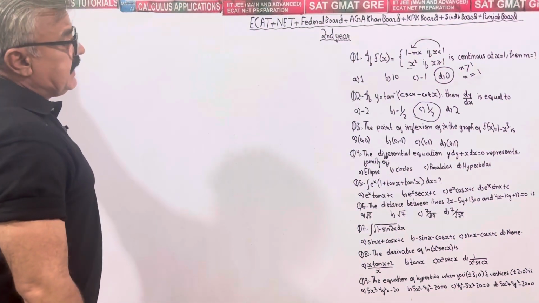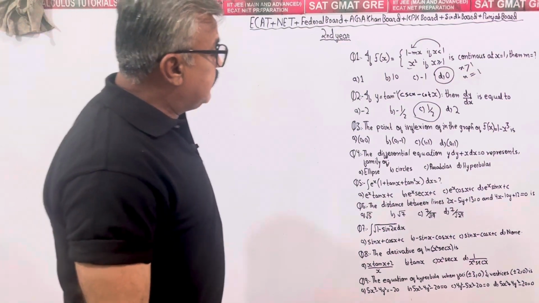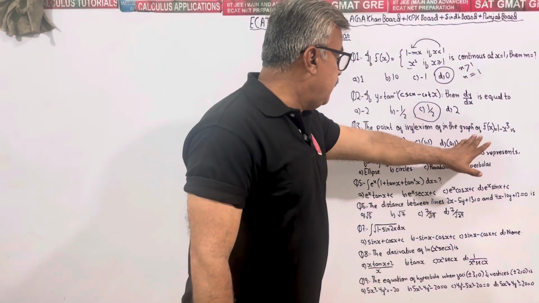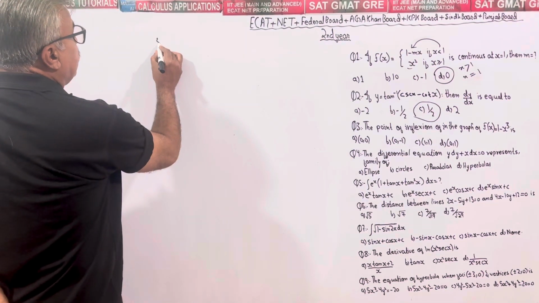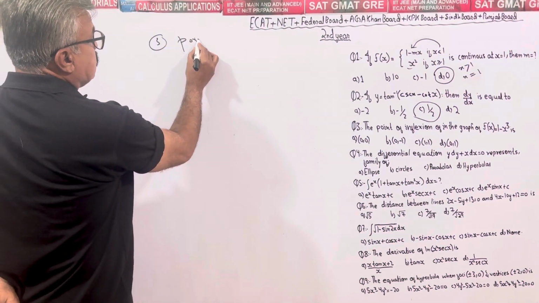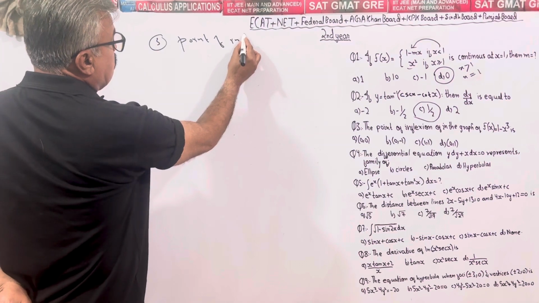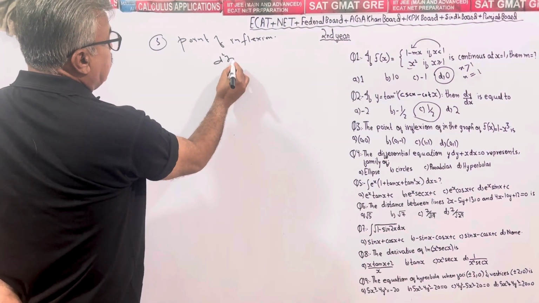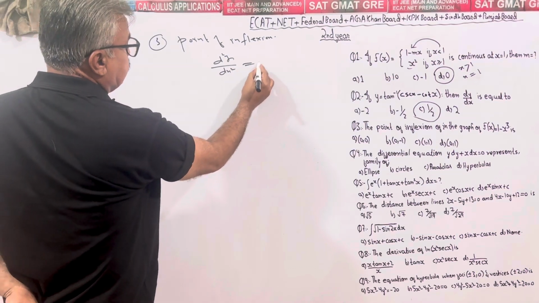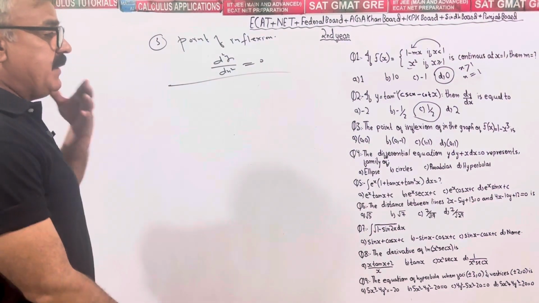If double derivative is negative, it is max at the given point. If double derivative is equal to 0, then it is point of inflection. Neither min nor max means double derivative must be equal to 0. That is the required condition we have to meet.